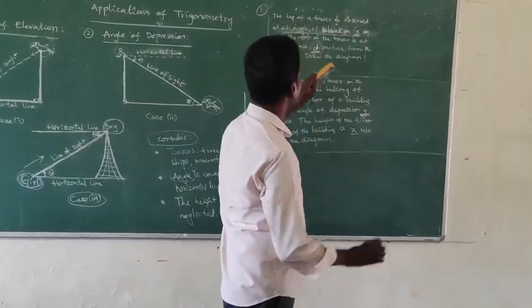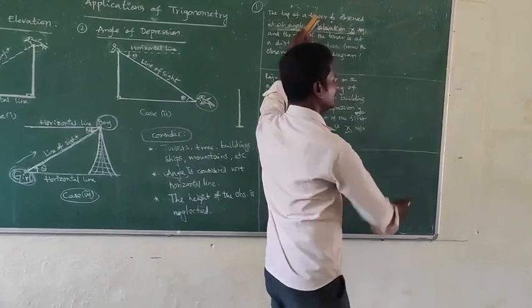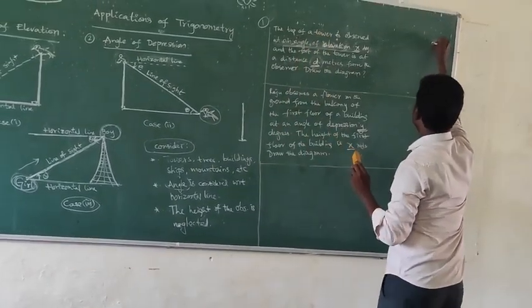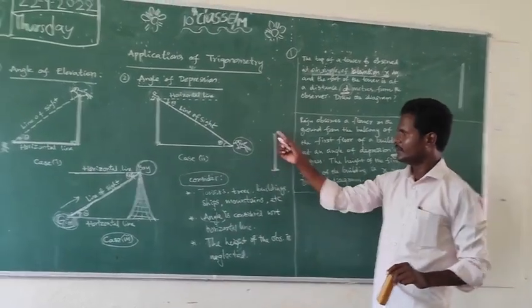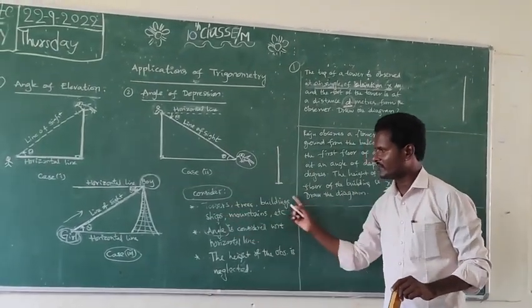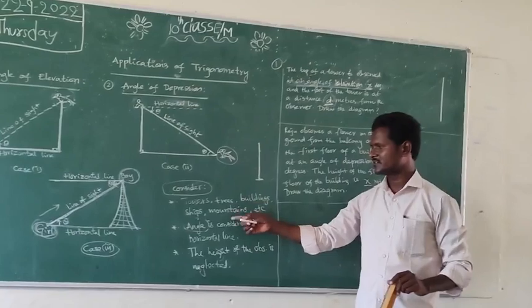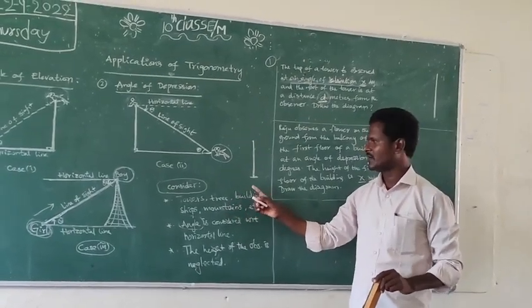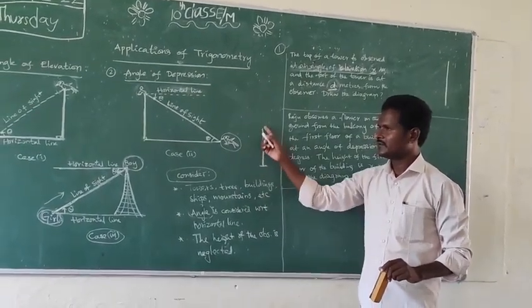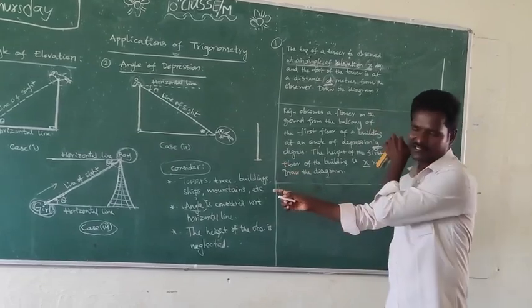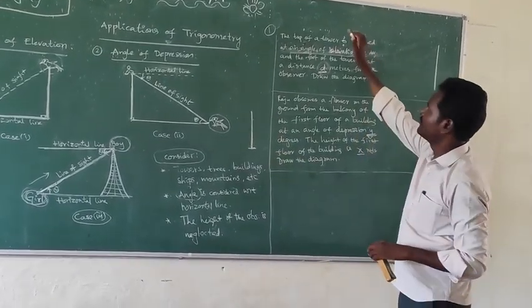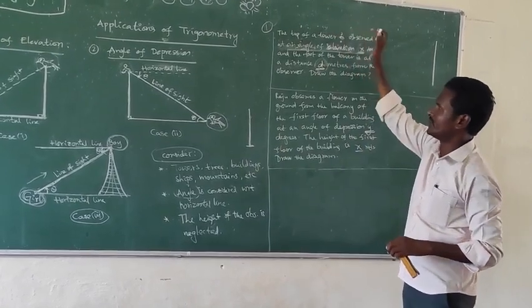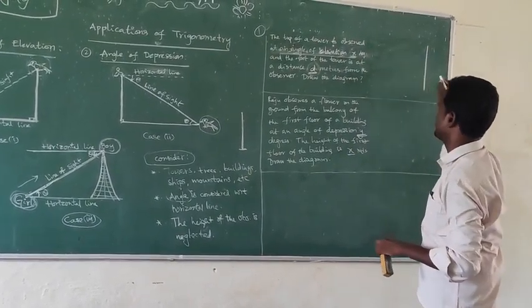Here the problem is about a tower. Already we told that whatever object may be given, towers, trees, buildings, ships, mountains, we will just draw a vertical line instead. So here the problem is about a tower, so we draw a vertical line here.